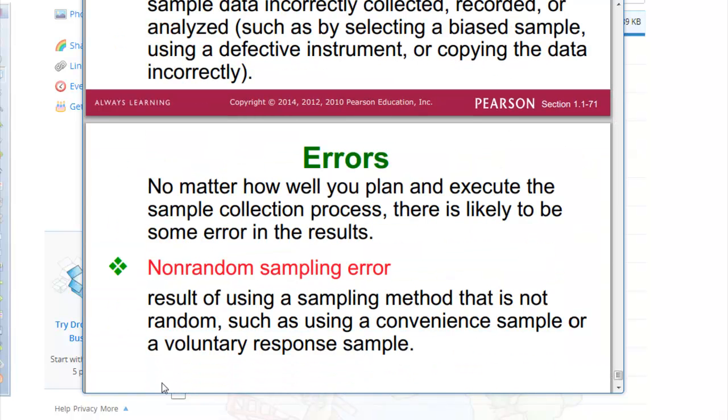Non-random sampling error. Right, so with the non-random sampling error, you get error because you didn't use a random sample.